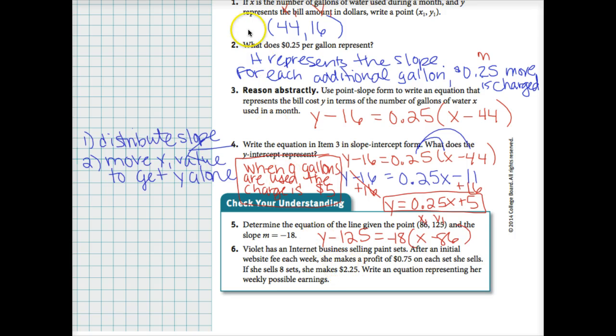So follow the same steps that we did in 1, 2, and 3 to write an equation representing Violet's situation. Go ahead and pause the recording. I would say this should take about 3 to 5 minutes. Then we'll unpause it once you've had enough time to try it.